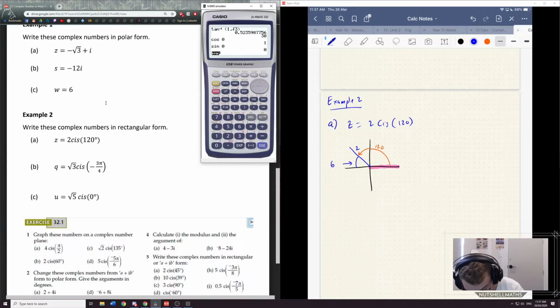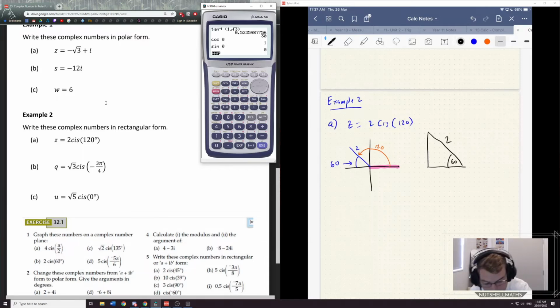Good. Because we turned through 120, but when we create our triangle to help us with the calculation, we always need the inside angle. So you can see that this angle is going to be 60, and we also have this length of 2. Happy?